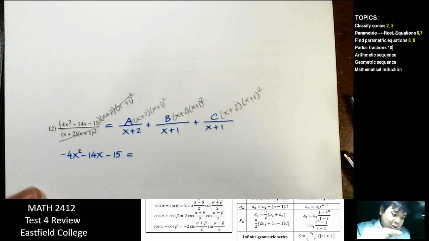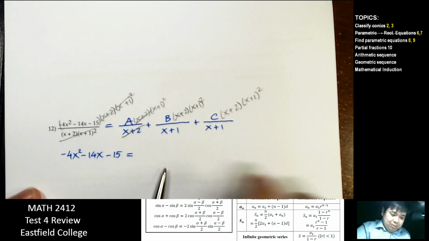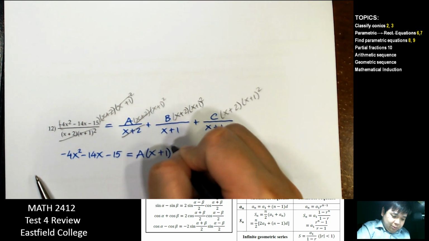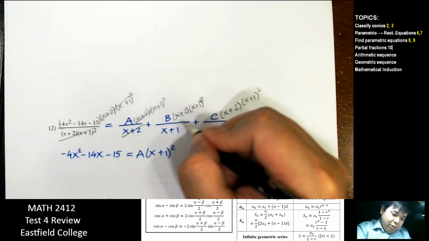So x plus 2 cancels. One of the x plus 1 cancels.